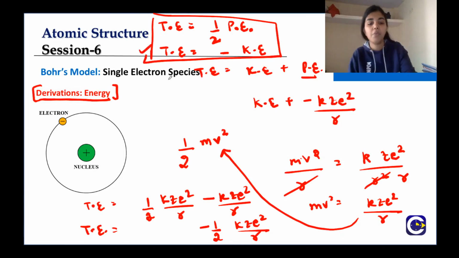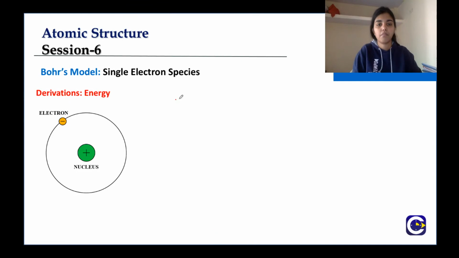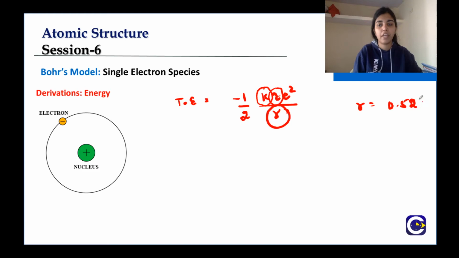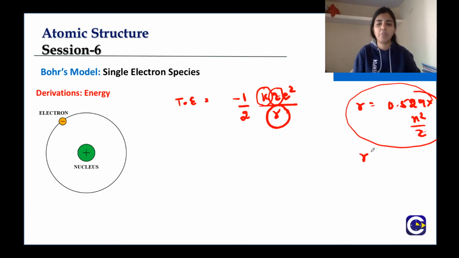Okay. Now putting the values of K, Z, E, total energy comes out to be minus half of kZe square by R. Now put the values of K, put the values of Z and use the formula of R that we derived, 0.529 into n square by Z basically, or you can put the final formula also that we got, n square h square upon 4 pi square m kZe square.